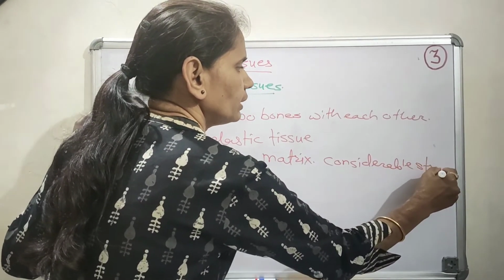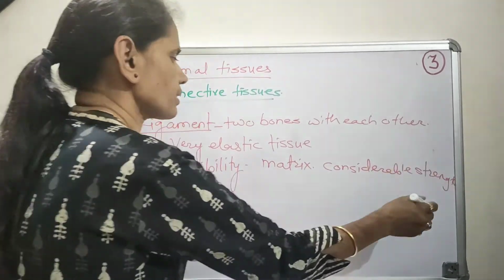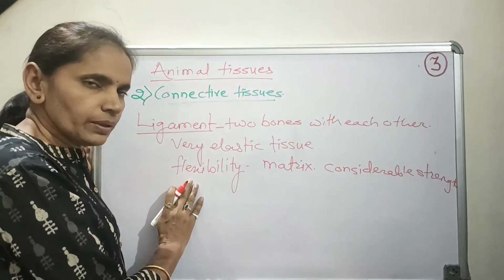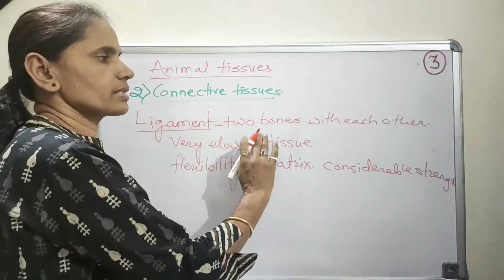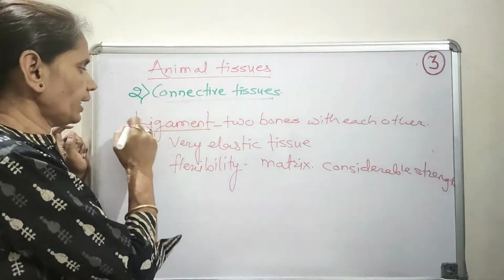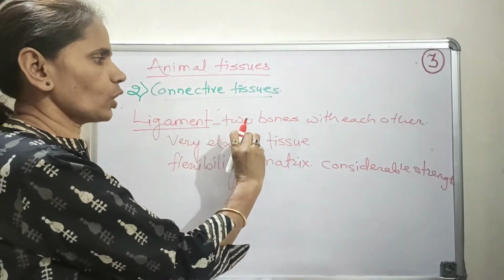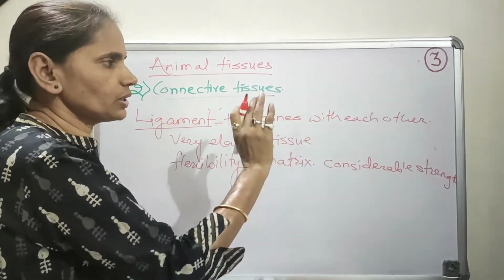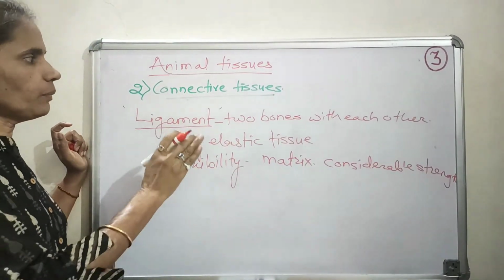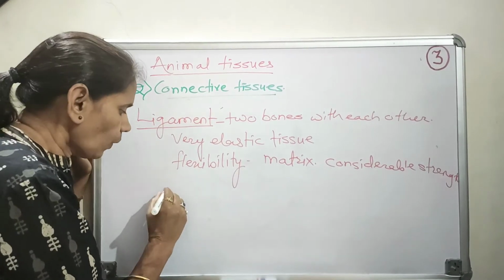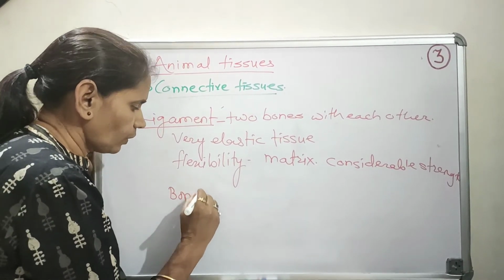So it has very little matrix, it has flexibility and it is a very elastic tissue. But the identifying feature is that the ligament is the connective tissue which joins two bones with each other.